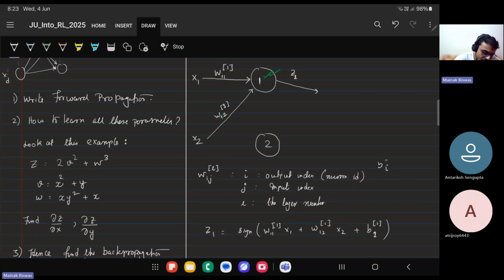Similarly, b_i of L will have the same notation, where i is this and L is this. Questions? I'm waiting. Is the linear combination of the features clear? Yes.